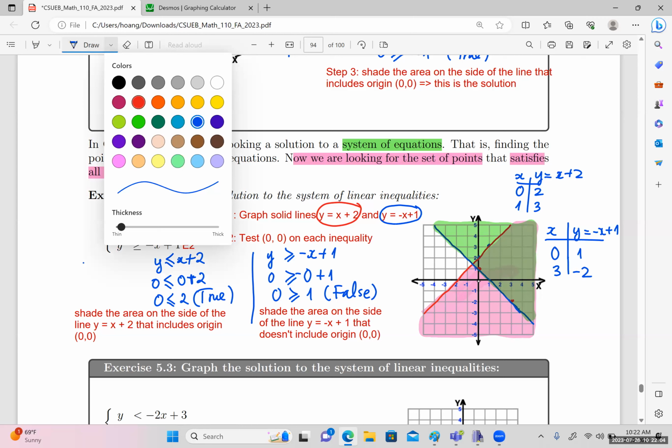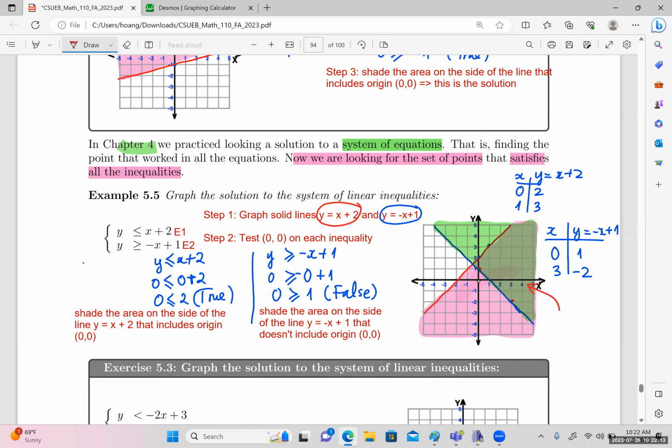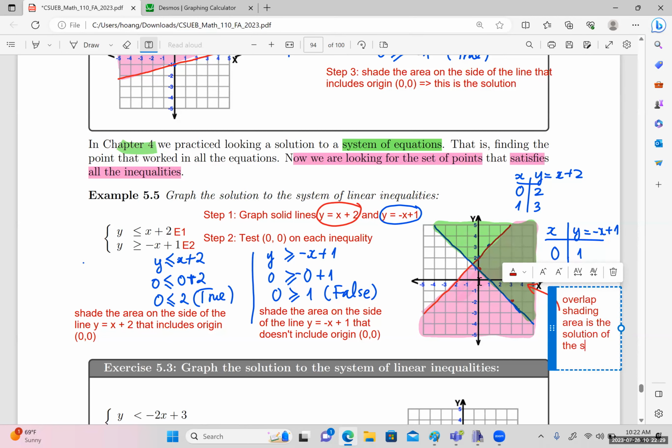The overlap shading area is the solution of the system.